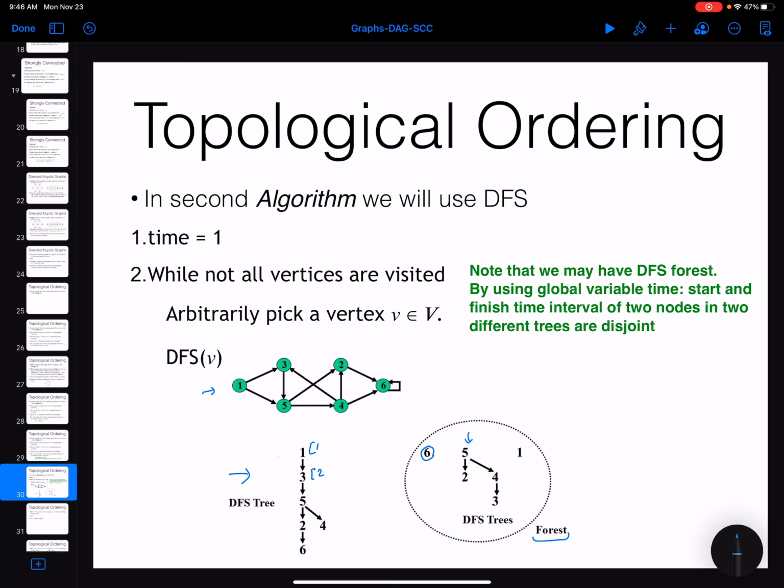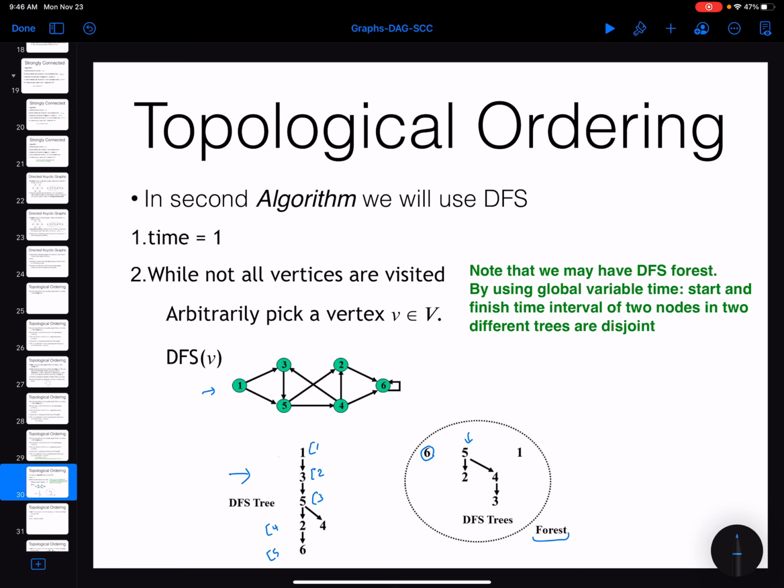For 5, the starting time is going to be 3. From 5, assume that you go to 2. It doesn't matter 2 or 4. Here we are going to 2. So for 2, the starting time is going to be 4. From 2 you go to 6. For 6, the starting time is going to be 5.